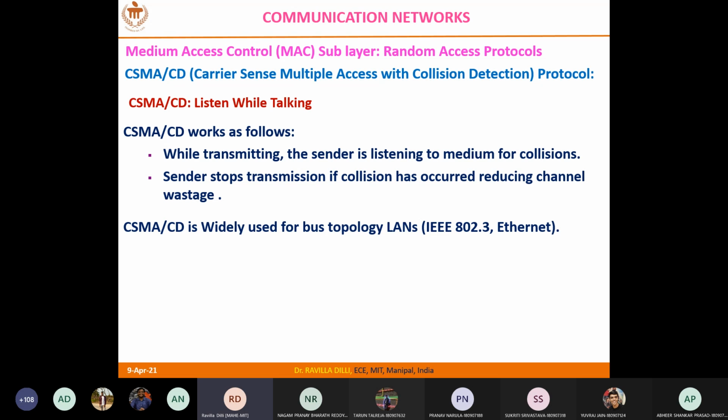First you have to perform CSMA, that is carrier sense multiple access. You sense the carrier before you do frame transmission. If the carrier is idle, then if you are following simple CSMA, you can start your frame transmission.